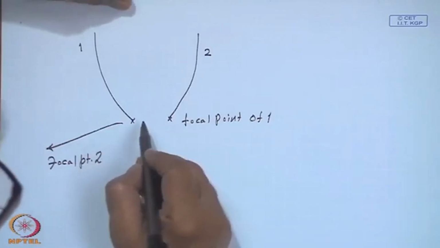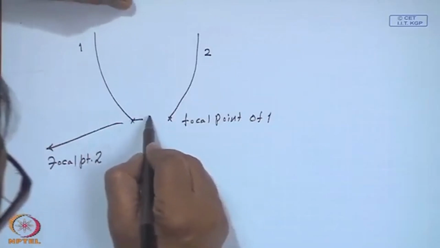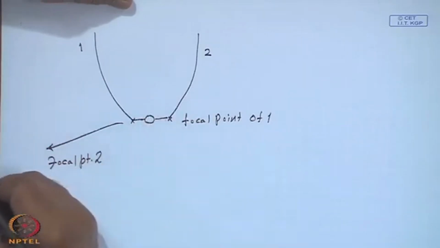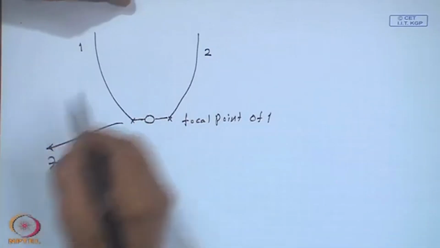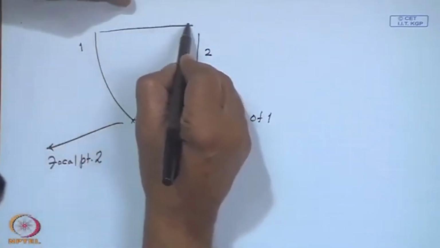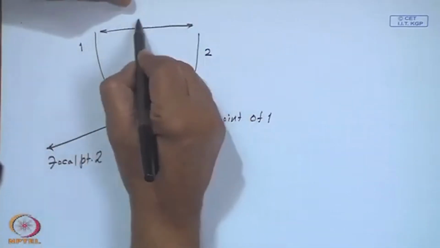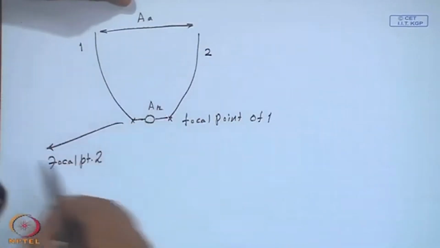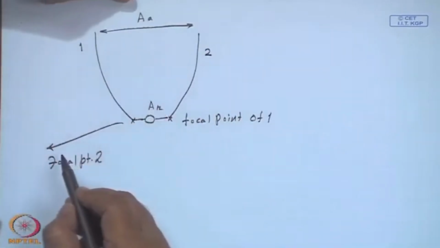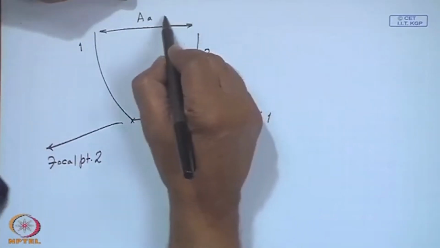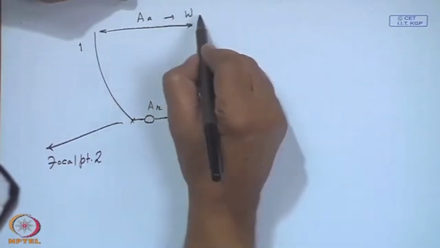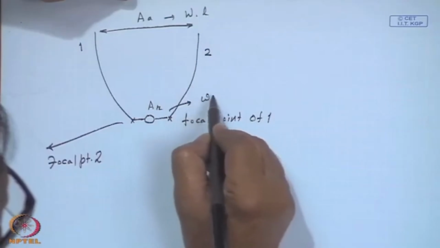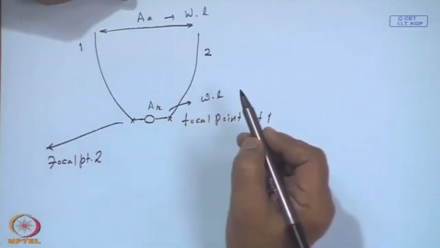So, I may have an absorber with a tube and a fin like this. This will be my aperture area effectively, and this will be sort of my receiver area, which we have called small w times L, right.